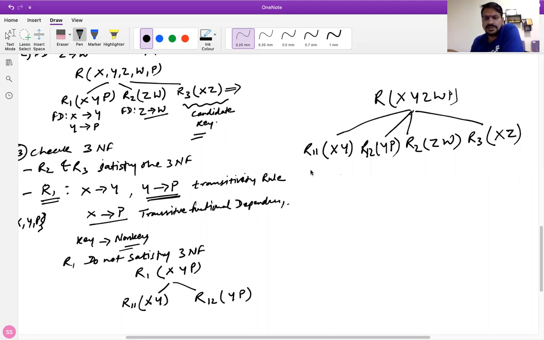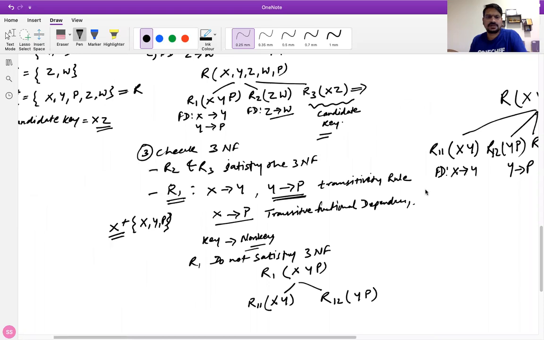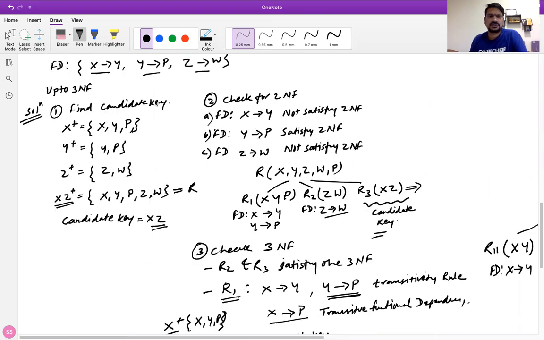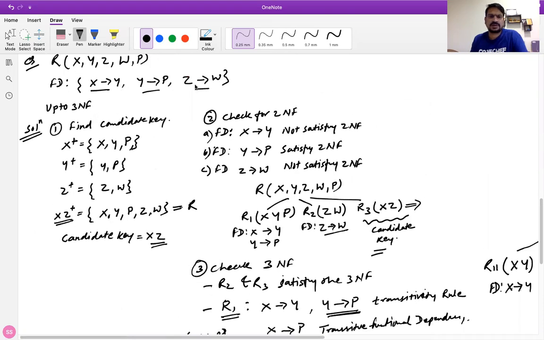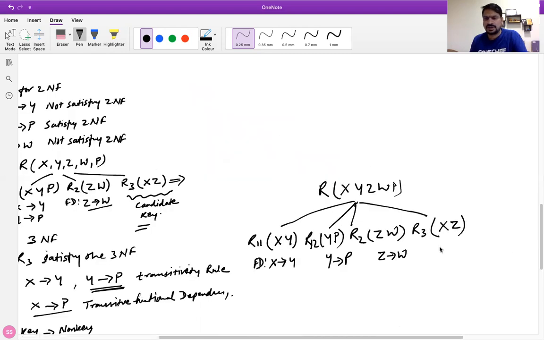The functional dependency here is X determine Y. Here the functional dependency is Y determine P. Here the functional dependency is Z determine W, right? So these are the functional dependencies that we have: X determine Y, Y determine P, Z determine W. And this is the candidate key for this particular relation.